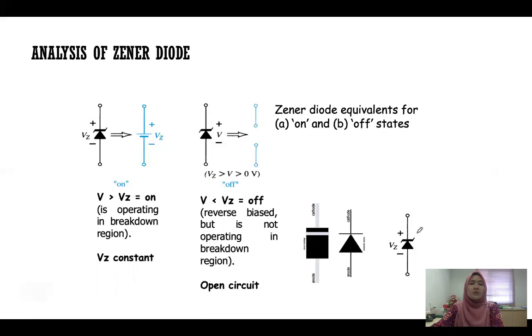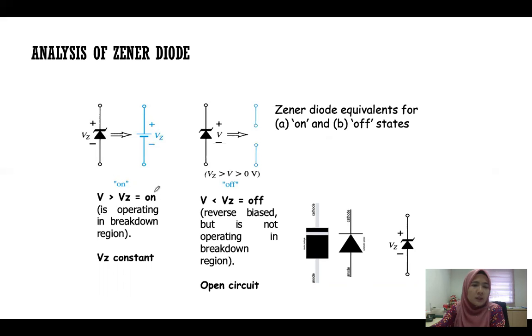The difference between a Zener diode and a normal diode is that when the voltage V is bigger than Vz, where Vz is the Zener diode voltage, it is in the on condition.